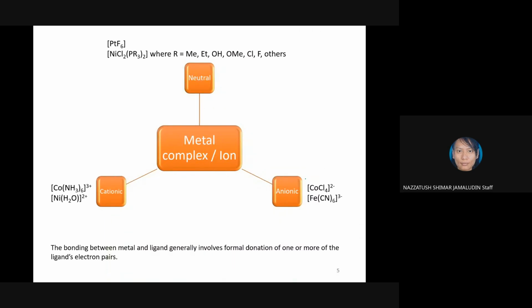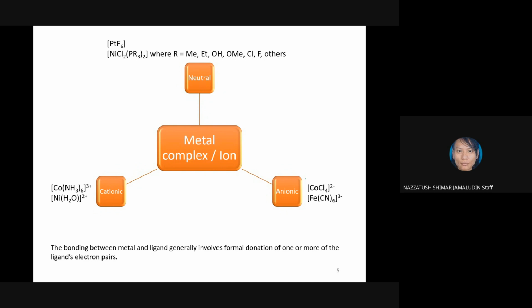Now, just like organic compounds, we have cations and anions. Inorganic compounds also have anions, cations, and neutral compounds. A neutral compound has no charge. You know that very well.